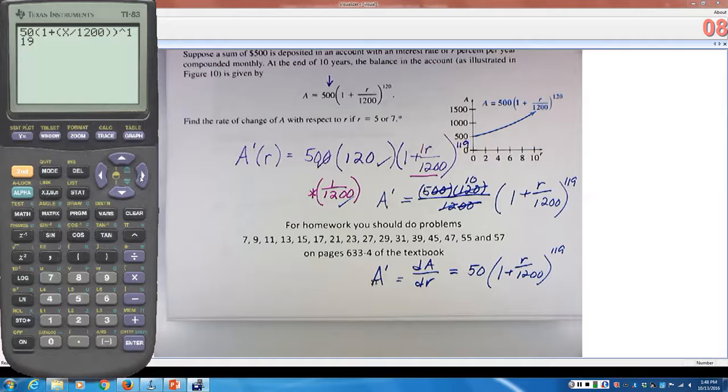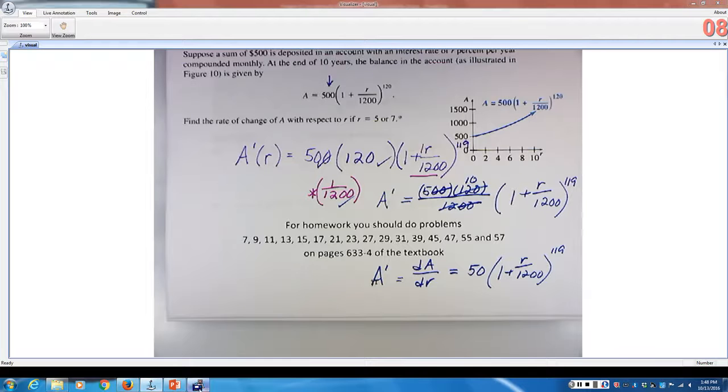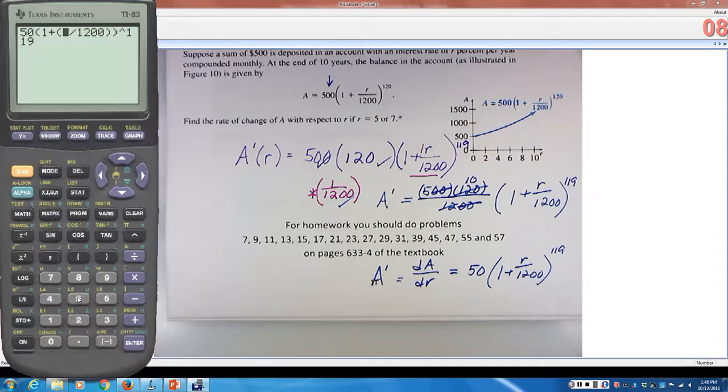And we're going to go back and replace that x with, first of all, 5. Oops, lost my calculator. And that comes out to be 82.0087, so we'll call that about 82.